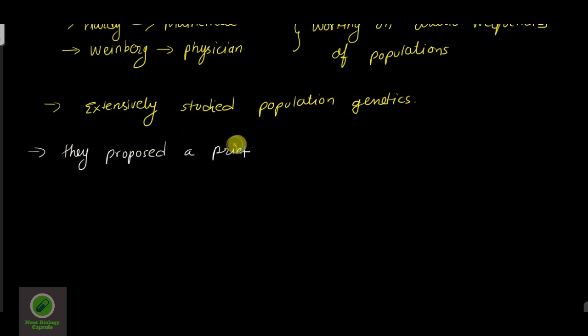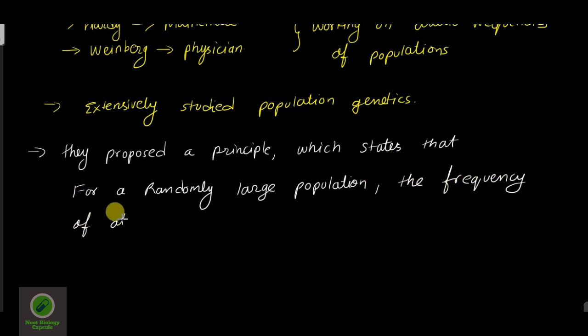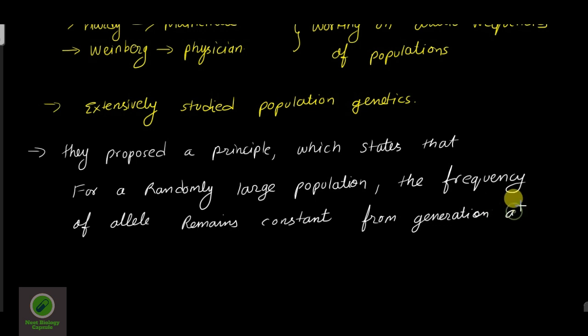According to Hardy and Weinberg, after careful study, they stated that the allelic frequency or genetic frequency tends to remain constant from generation to generation until and unless there are certain evolutionary forces acting upon the population.